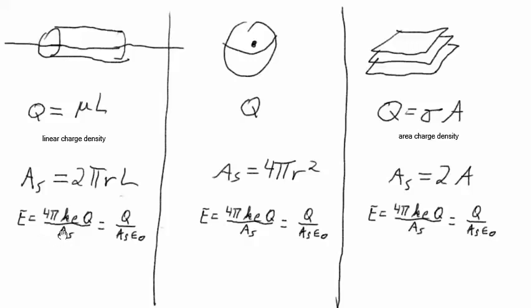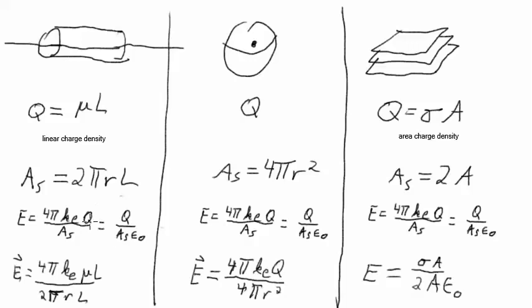Notice I'm showing one form with the 4 pi K sub E on the top and another with the epsilon naught on the bottom. Okay, replacing our charge and surface area in each case, I decided it was more convenient to use the K sub E form in the cylinder and sphere symmetry and the epsilon naught form in the plane symmetry.